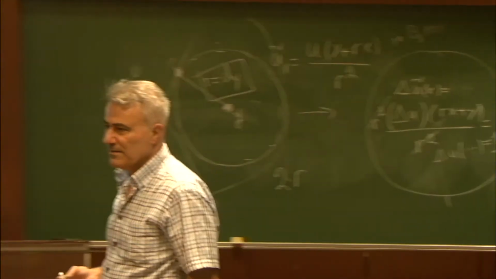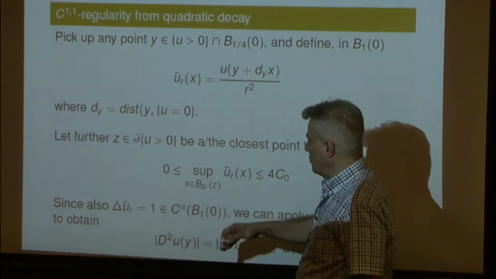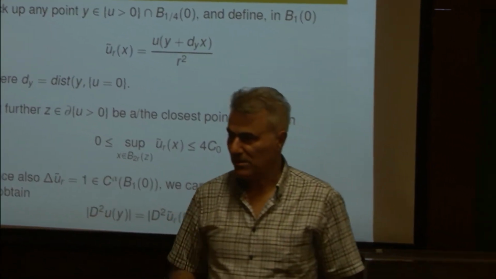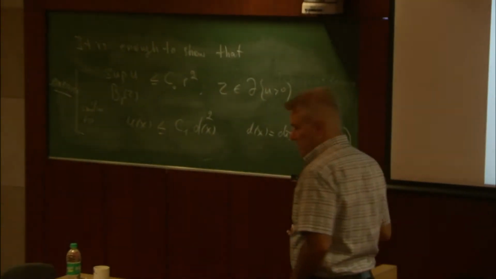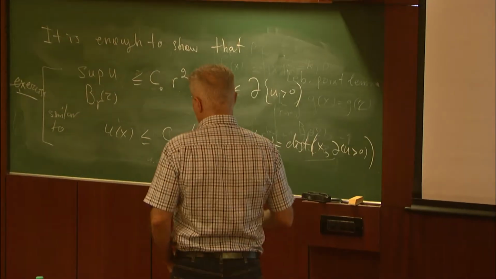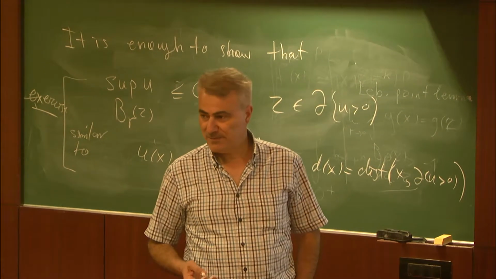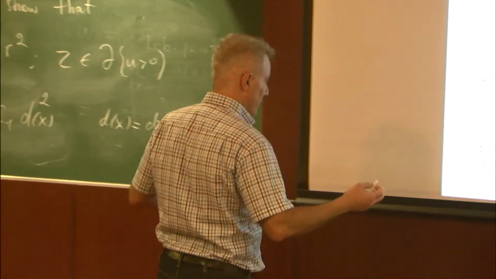So what do we have? It's a smooth function. The Laplacian of u is a smooth function. u is universally bounded, and this is what we just learned yesterday, that the function u tilde has to be very smooth. It has to be C2 alpha. So the function is C2 alpha, or at least C2 for us.